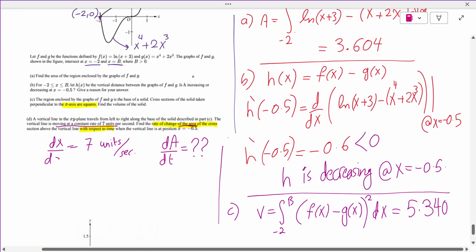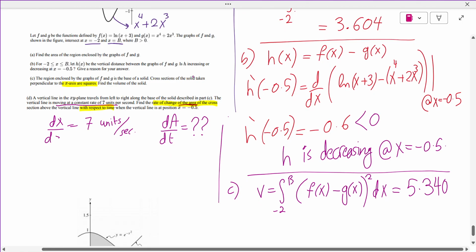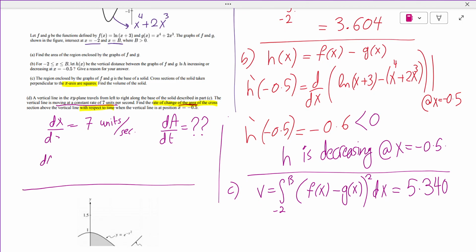This is what we are looking for, dA over dt. Okay, now what can we do is this. We can find dA over dx, and we will multiply it by dx over dt.